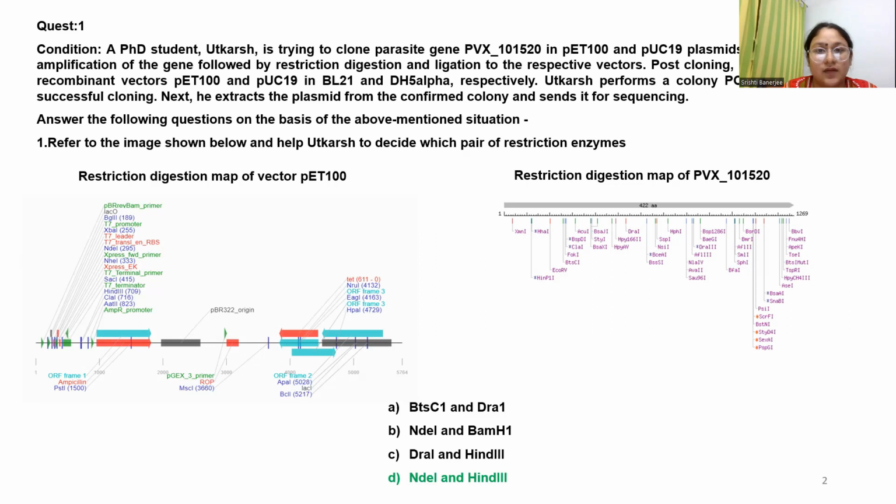Yes, ma'am. Okay. So we'll move on to the next. We'll have more discussion on restriction enzymes and colony formation. Today, most questions are on that only. So eventually we'll clarify more. Okay. Next question.